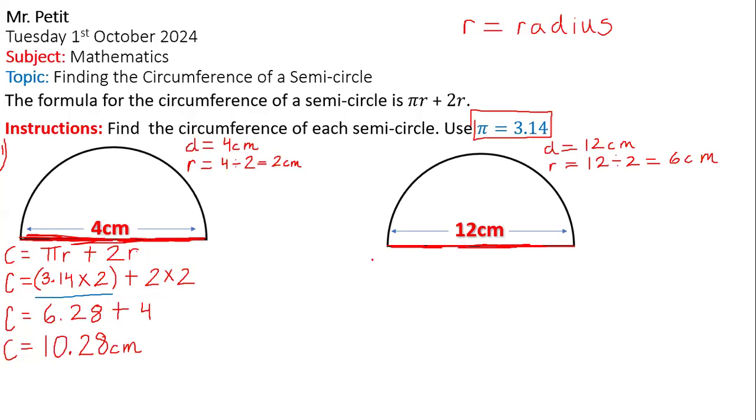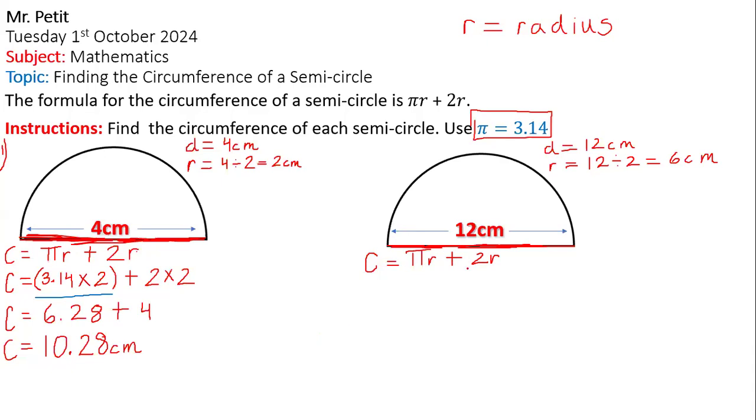Okay, the next thing we have to do is write our formula. What's the formula we're going to use for the circumference? Let's start with the formula: pi r plus 2r. We're just writing the formula first. So C, the circumference, is equal to pi r plus 2r. Does that make sense?